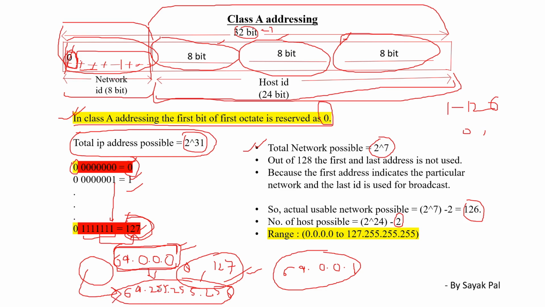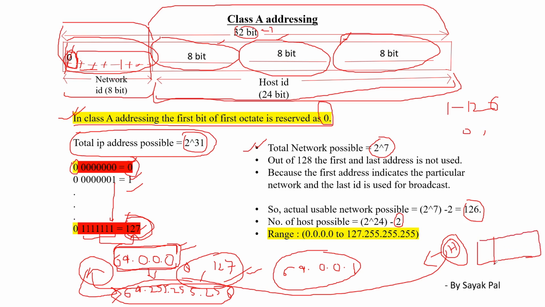Why? Suppose this is another network, and this network has a host. This host machine wants to send a message to all of the hosts inside this Google network, the 64.0.0.0 network, all the machines.